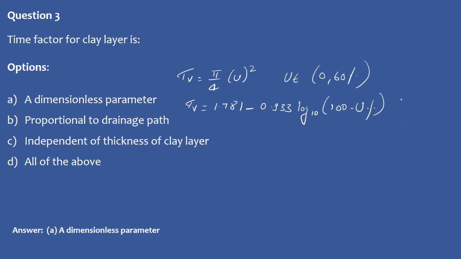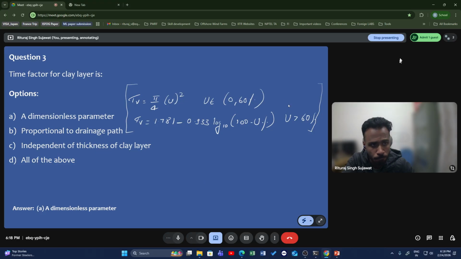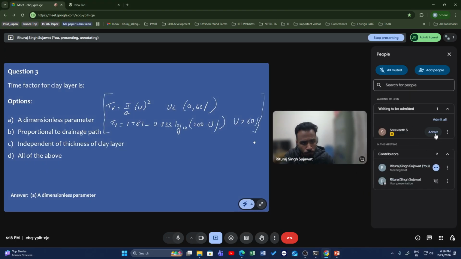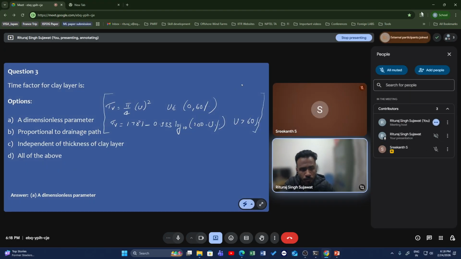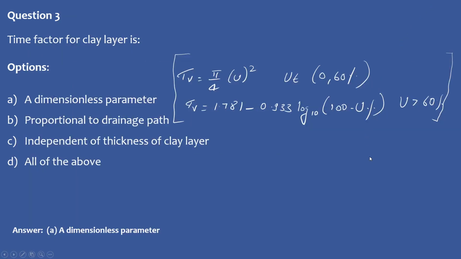For this, usually U is greater than 60 percent. So here U is greater than 60 percent.